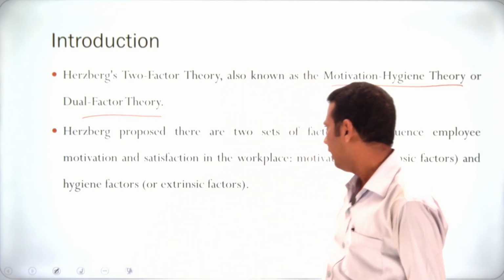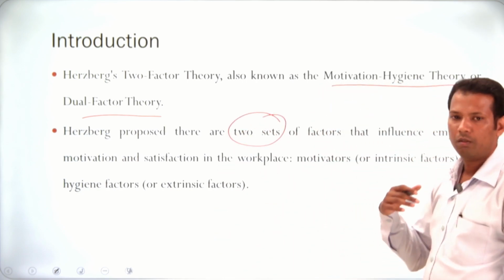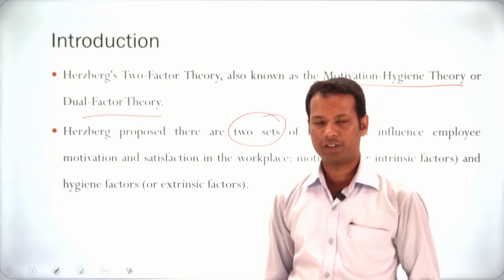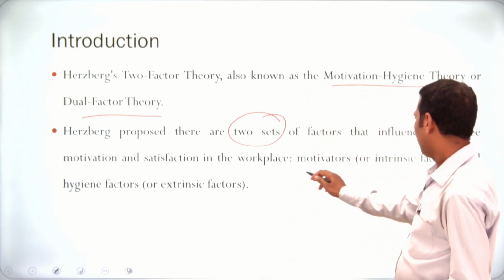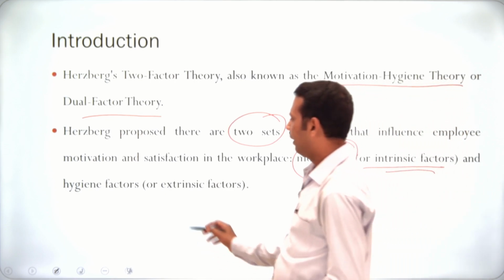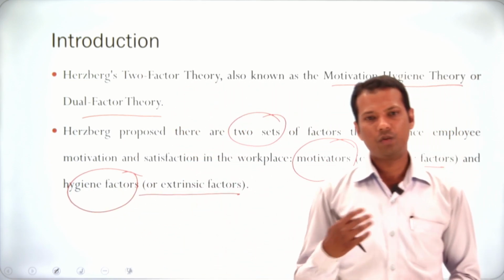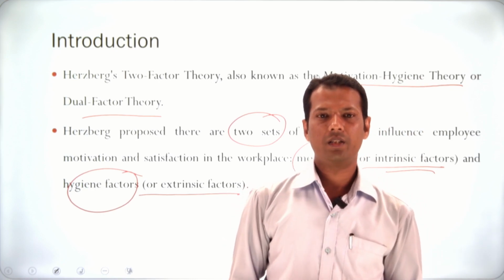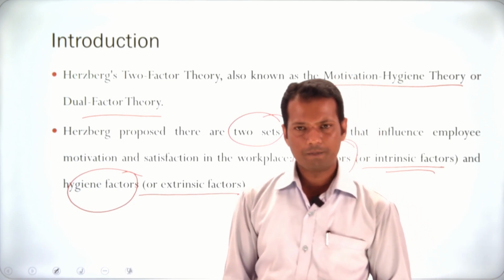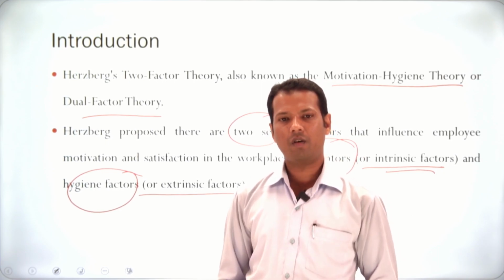Because there are two sets of factors which motivate or influence the employees' motivation and satisfaction in the workplace. One is known as the motivator or intrinsic factor and the other one is the hygiene factor or extrinsic factor. As there are two factors, that is why it is most popularly known as Herzberg two-factor theory.